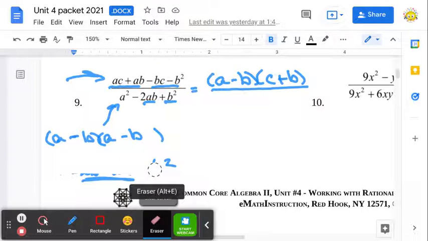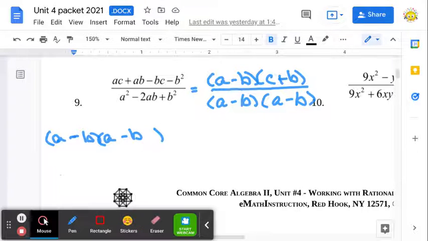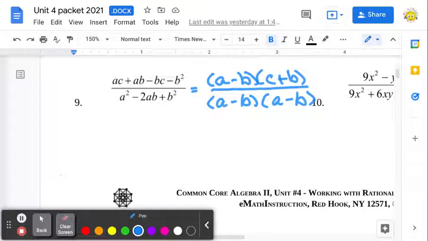So let me get rid of this. Let's neaten this up a little bit. So this right here, I'm going to move over. A minus b times a minus b. Now I'm doing a lot of erasing here just to keep things a little bit neater, to hopefully make things a little bit easier, but you shouldn't erase your work.